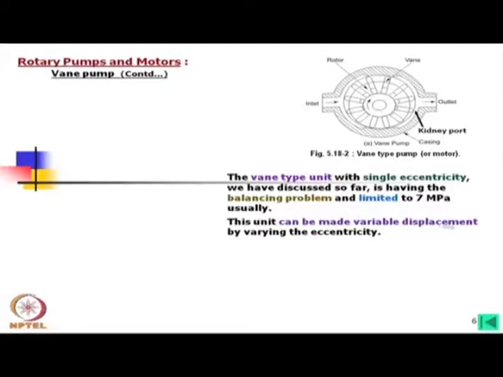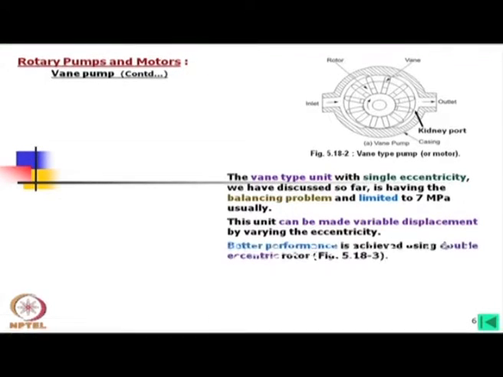We have already discussed that this can be made variable displacement by varying the eccentricity. Better performance is achieved by using double eccentric.